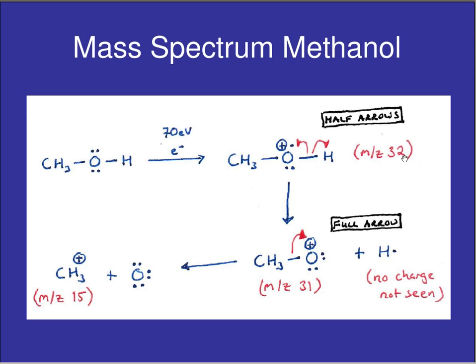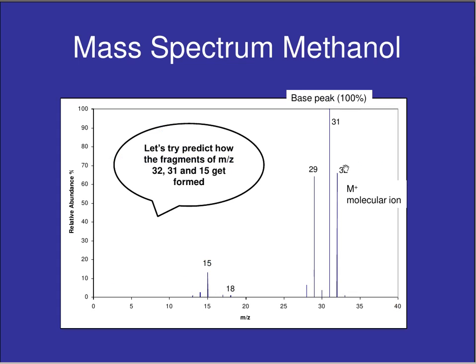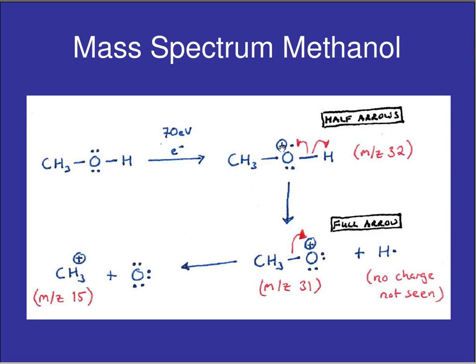It's charged, so it'll be observed, and so we have shown how we get an m over z in the mass spectrum of 32. So the 32 is fully explained at this point. Simply by removing an electron, we've got a positively charged molecule, and so it will appear in the mass spectrum.